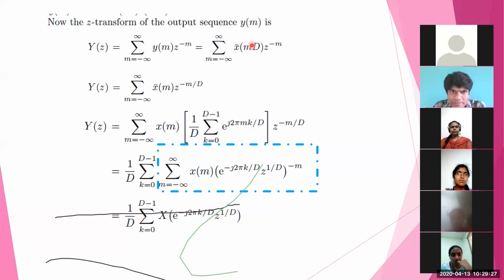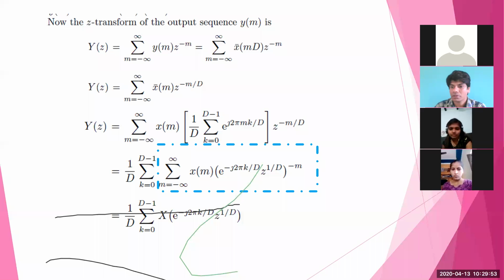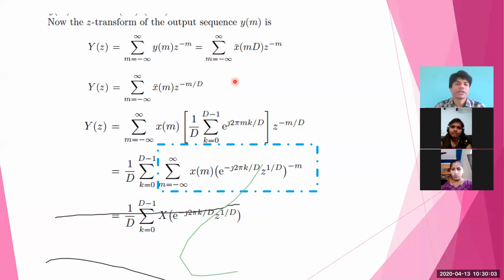But if you look at this particular expression, I have x bar of mD, and I want to get rid of this D. So if I do certain mathematical operations, like I'll take mD to be some p or something, then this Z transform will turn out to be this particular expression.